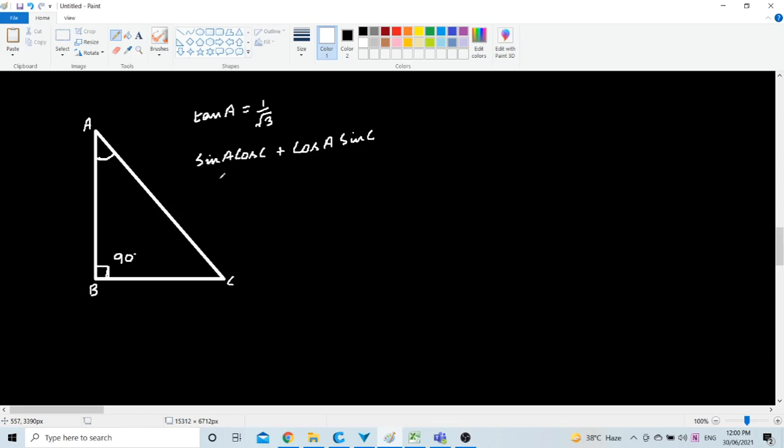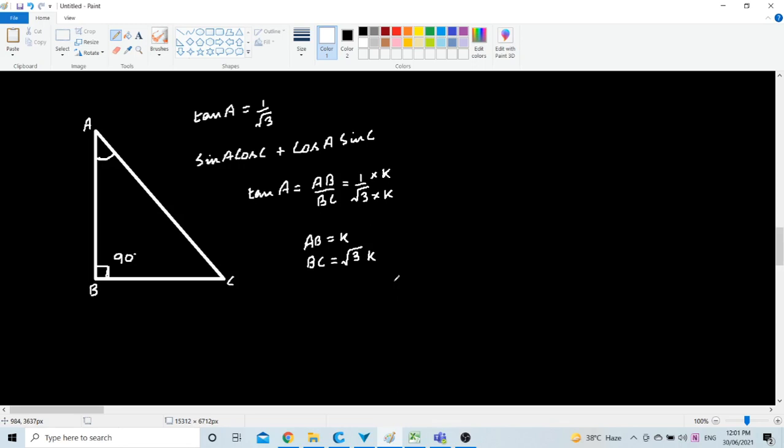You can multiply its numerator and denominator by k. So the length of AB will be equal to k, and the length of BC will be equal to root 3k.